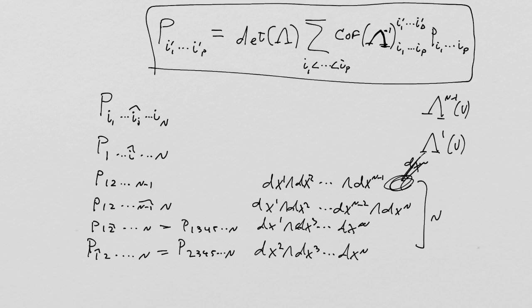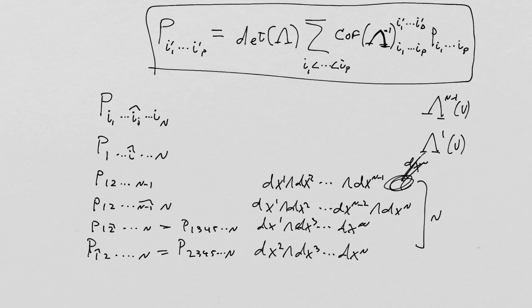But notice that this is also going to be the cofactor of a string of numbers that's just missing one number. So the cofactor of that matrix is going to actually be just a single matrix element, right?